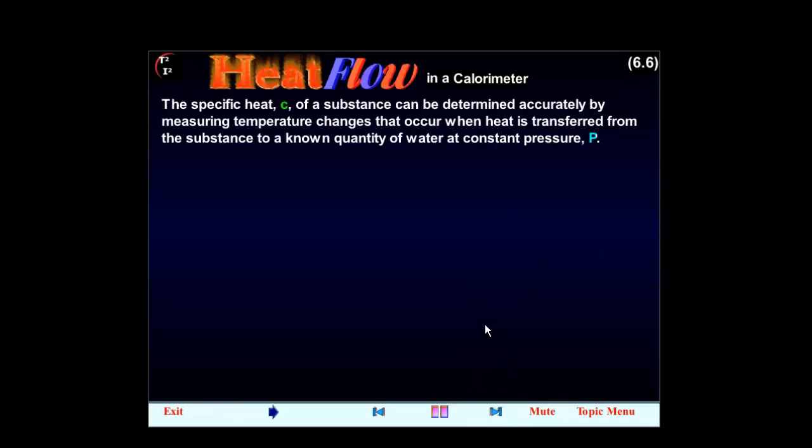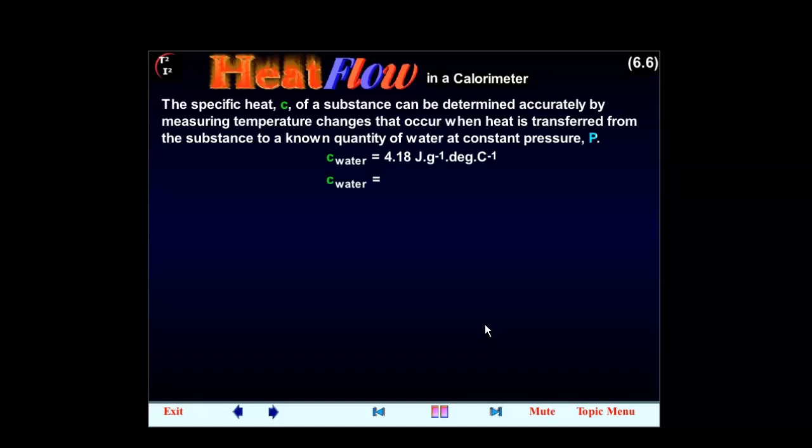Heat flow in a calorimeter. The specific heat, C, of a substance can be determined accurately by measuring temperature changes that occur when heat is transferred from the substance to a known quantity of water at constant pressure P. C water equals 4.18 joules per gram per degree Celsius.